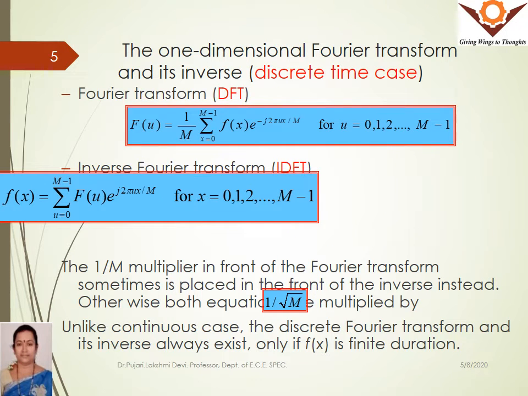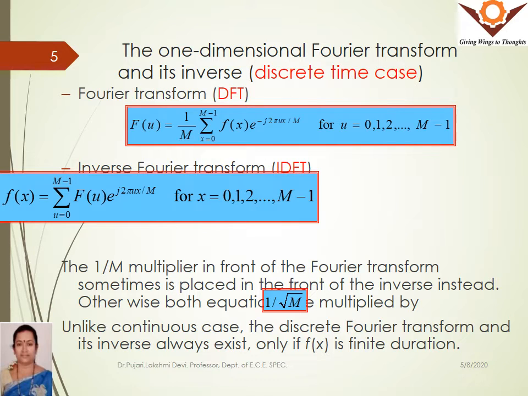Let us continue with the one-dimensional Fourier transform and its inverse for discrete cases. Similarly, you can extend the same thing to the two-dimensional case. First, for the one-dimensional discrete Fourier transform, F of u equals 1 by M, where M is the number of samples, so we divide the total equation by M. That's the reason for 1 by M sigma.